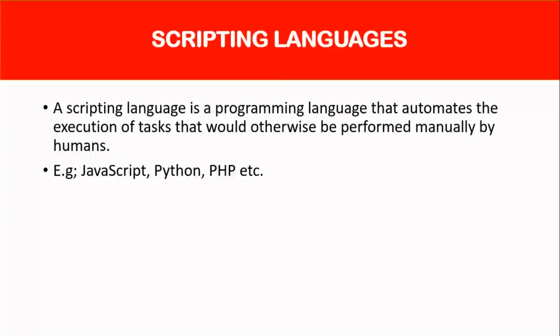The next set of languages we'll talk about is the scripting languages. These languages are basically used to automate the execution of tasks. Let's say we expect our website to have more than 1 million users.